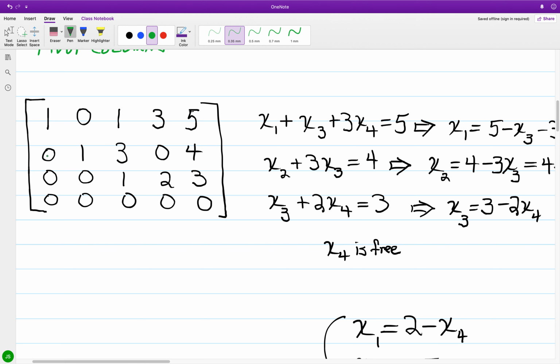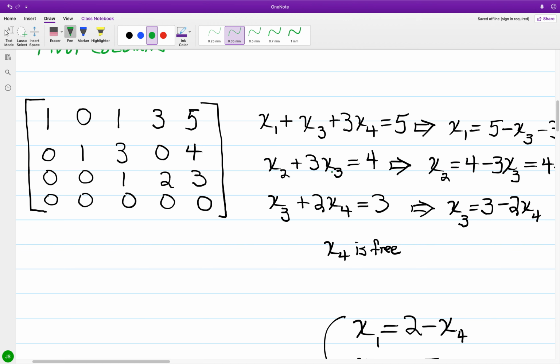Notice we do not have x of 1 or x of 4 present. With the third row, the leading element 1 is indicative of x of 3, plus 2 times x of 4, equal to 3.